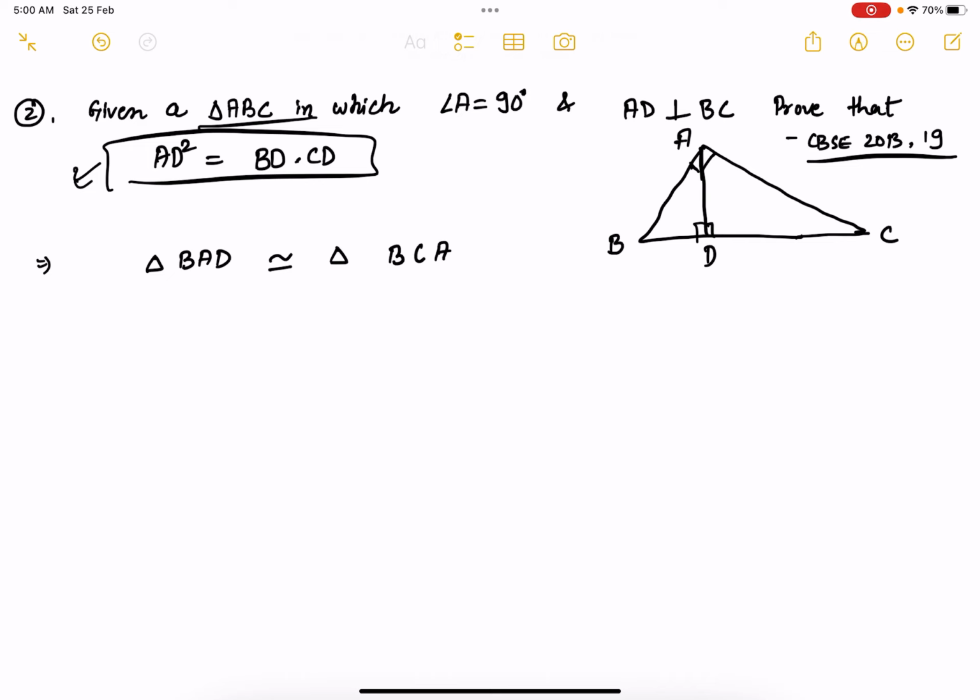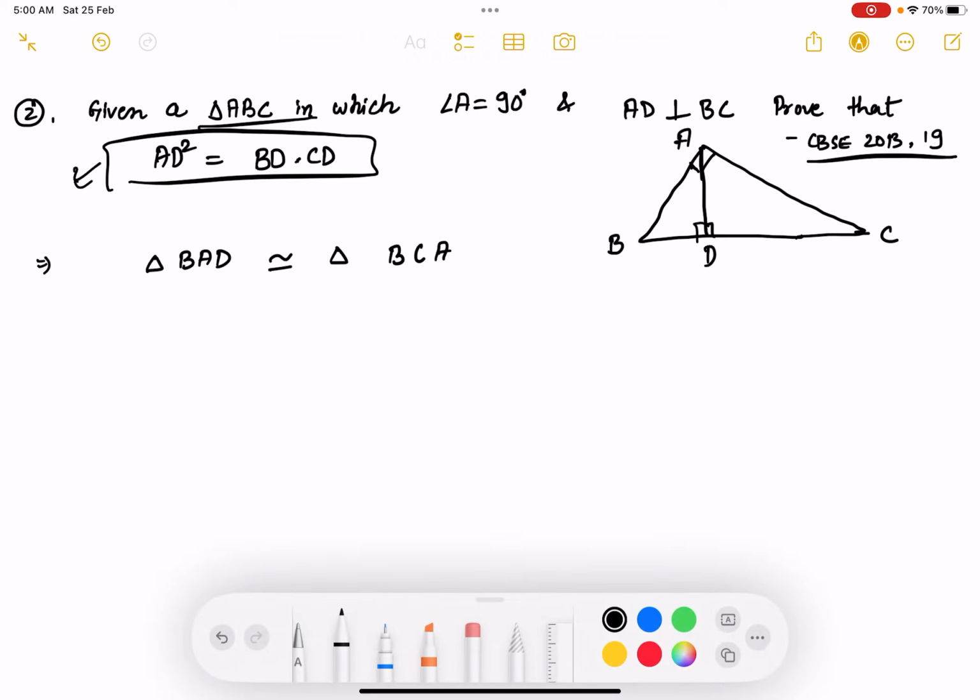I'm going to show which triangles: triangle BAD, the smaller triangle, and the bigger triangle BCA.